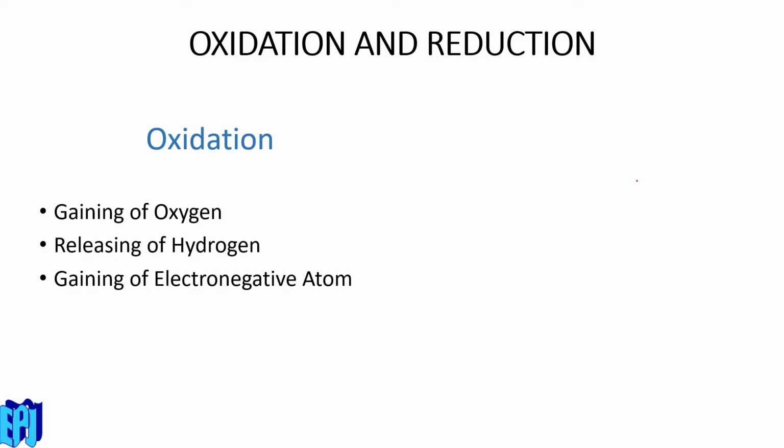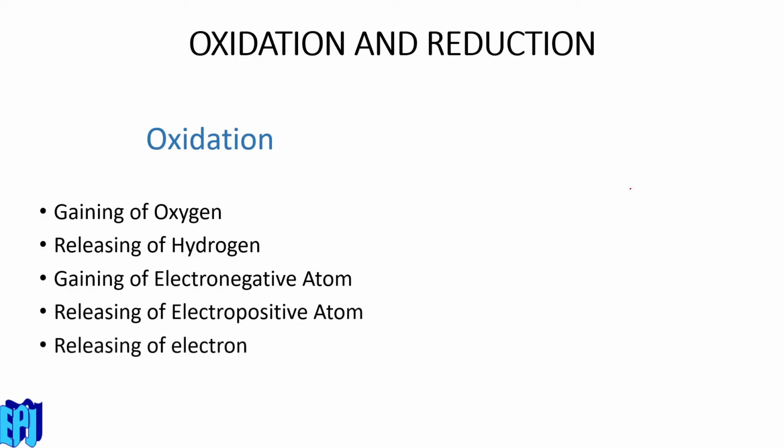The second point: releasing of hydrogen can be termed as oxidation. Hydrogen is an electropositive atom. Similarly, we can say that releasing of an electropositive atom can be termed as oxidation.